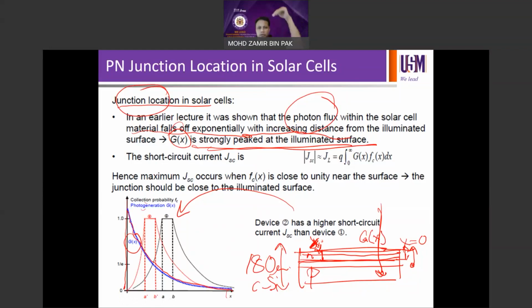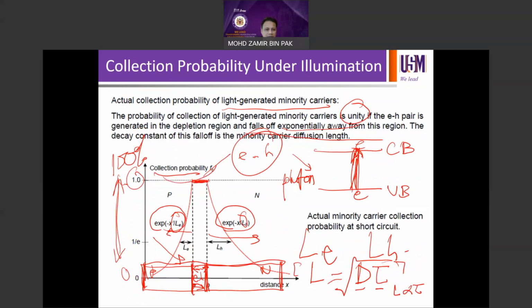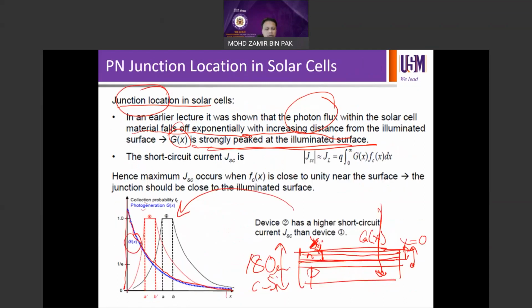At the same time, we learned in the previous page that the collection probability typically takes this shape: it decays exponentially away from the junction, it is unity within the depletion region, and it falls off on the other side just like the way it falls off on the left-hand side. So putting this into the very same graph, you should expect that.